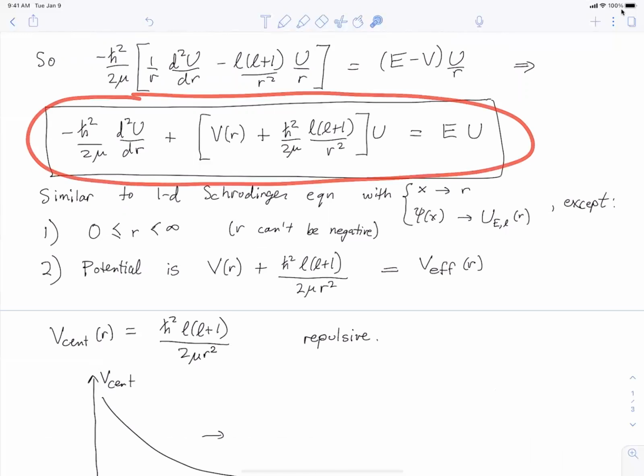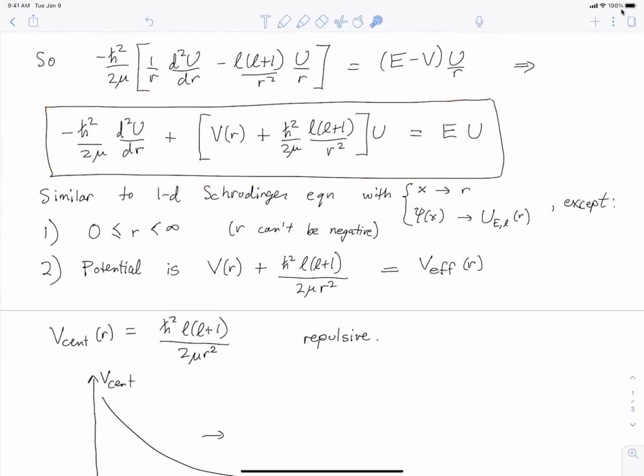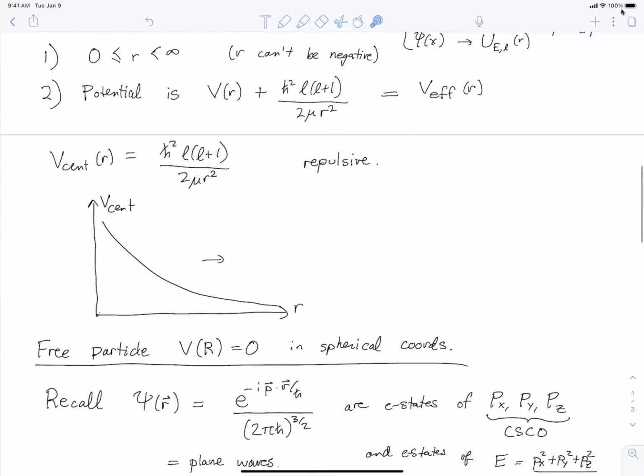And we're just going to plug in V equals 0. We're going to set that to 0.